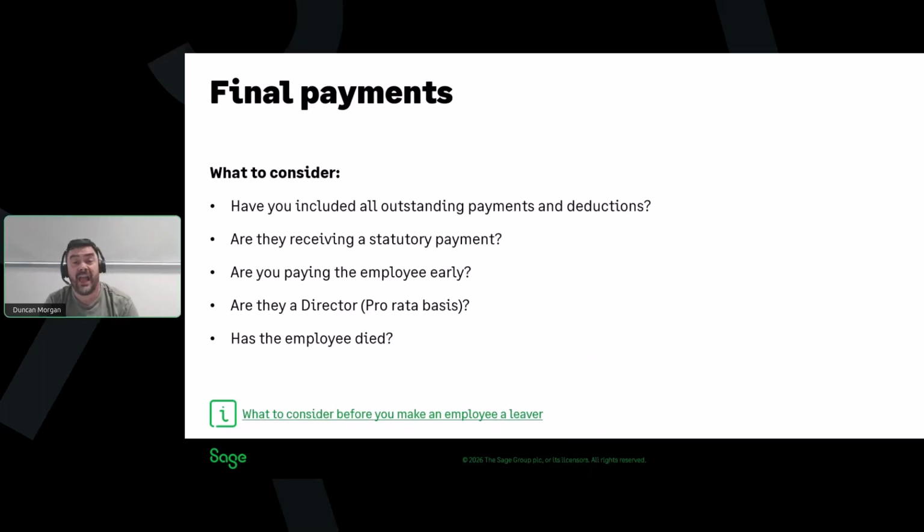Now, when you're working out the outstanding payments, if the employee is not being paid for a full period because they're leaving in the middle of the month, for example, you will need to work out the manual amount of the payment they are owed, but also think about other pay elements, things like overtime and bonuses that perhaps are usually processed in arrears that might need to be included. And of course, any holiday pay for holiday entitlement they haven't taken.